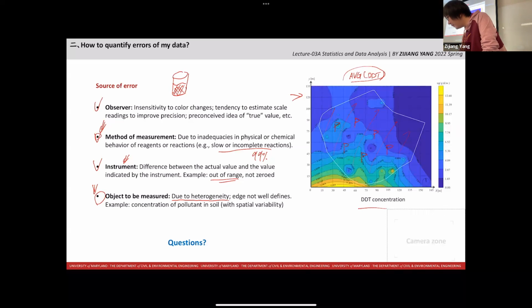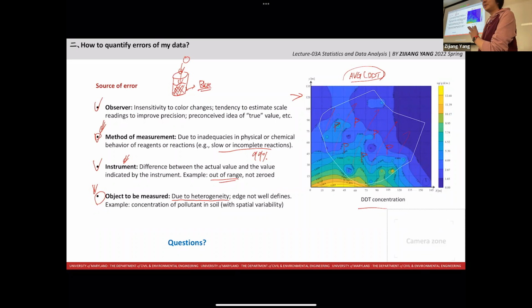When we add some reactants, or add this chemical into the solution, the color will change to, let's say, blue, and the blue color is better than the transparent solution.